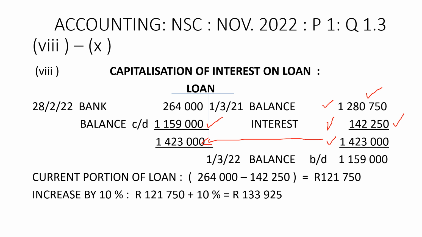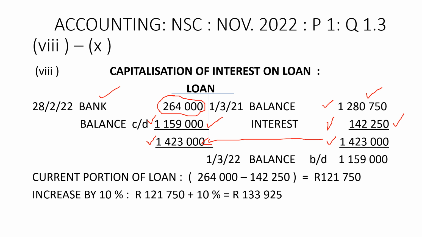And if you look at the monthly repayments in total, it's going to be 1,423,000 minus 1,159,000, and that gives you the total repayment for the year of 264,000. Okay, and your double entry for that, of course, will be debit loan and credit bank.